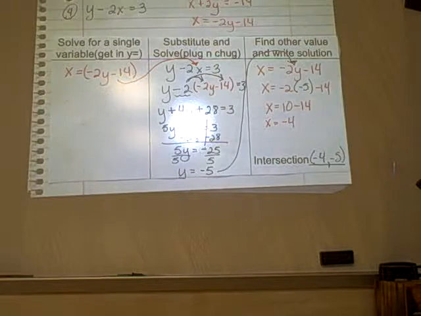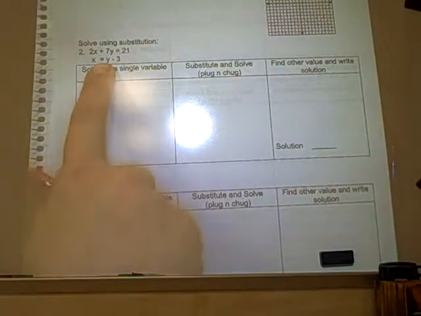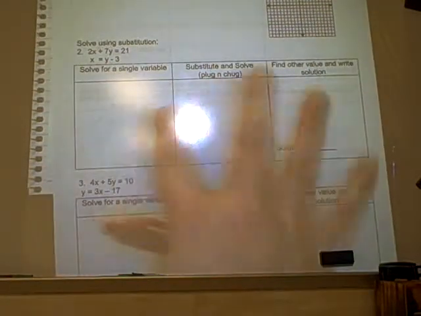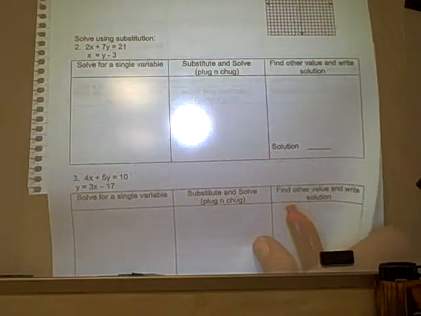Oh, it's not over there. Oh, y'all don't have it? No. I'll go make you some more copies. Okay, hold on. So on number 2, this one's going to end up being the bread of the sub sandwich because it's already solved. So this one's a lot like the last one we did on our notes, where you have the x equals to start with. I'm talking, so I need you to not be talking because that's rude.